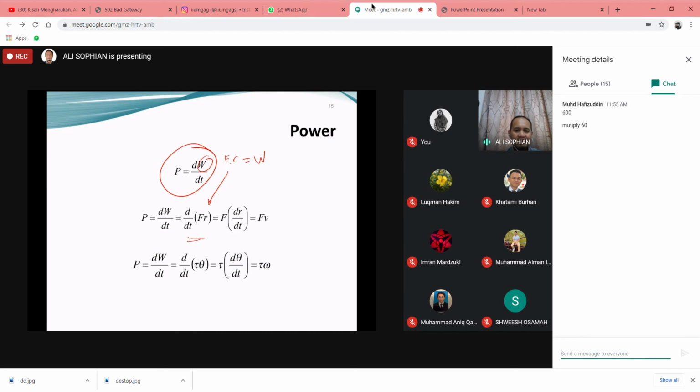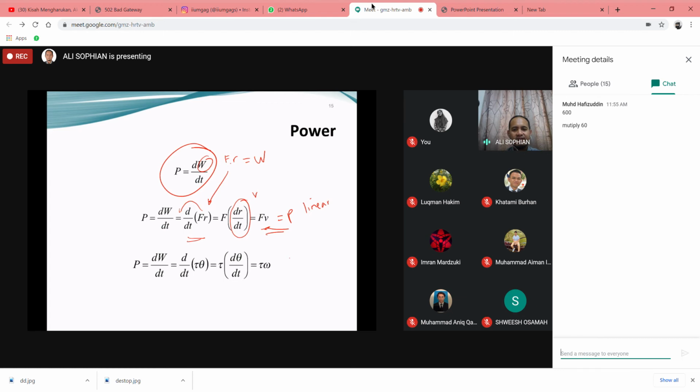Again, if F is constant, you can take it out of the derivative. So you've got F dr/dt, and dr/dt itself is speed. The time derivative of the distance is velocity. So P equals force times speed, where P is power. That's for the linear case.